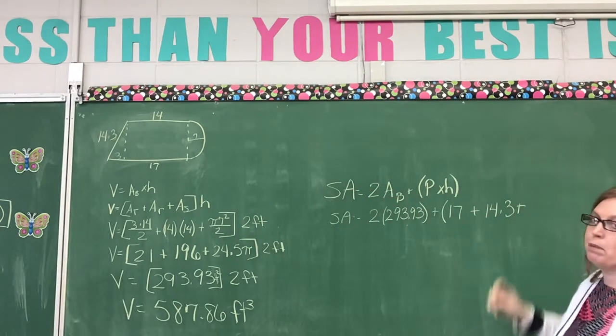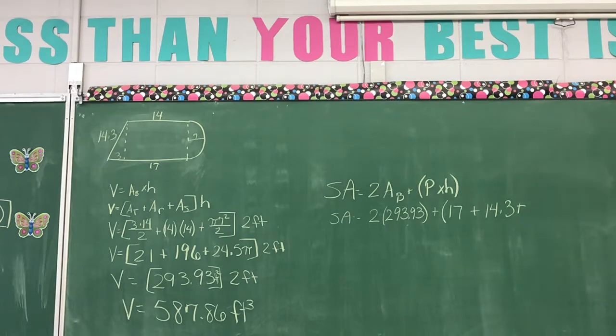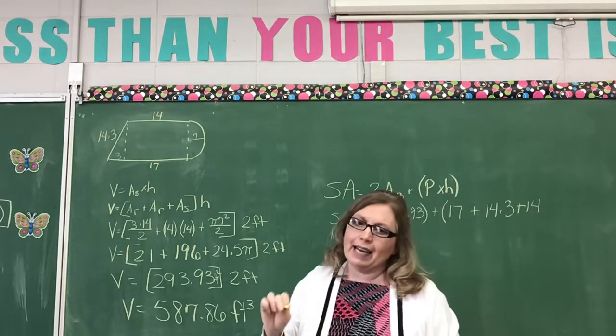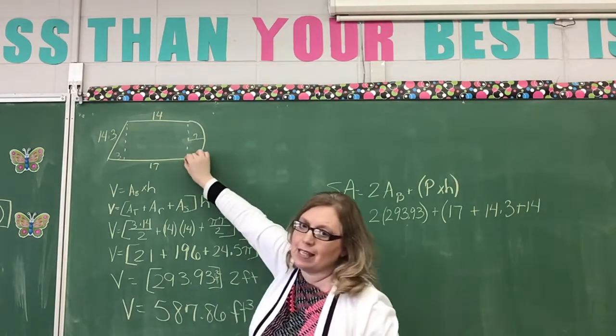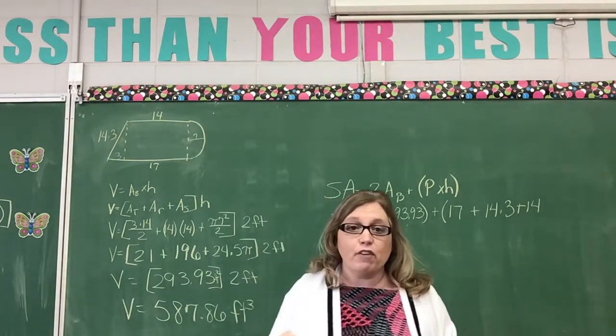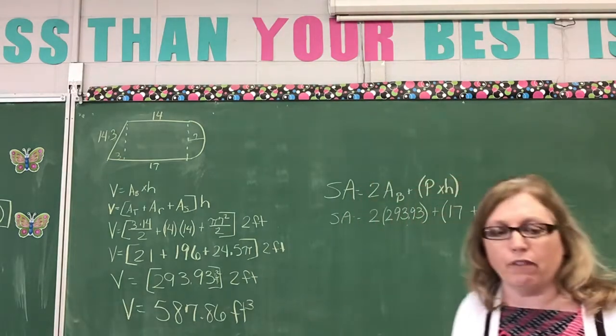Plus 14.3 plus, if you keep making your way around, you have the top, which is 14. All right, now we have that chord. The length of a chord means from this side around to this side. That is the length of a chord. How do you find the length of a chord?